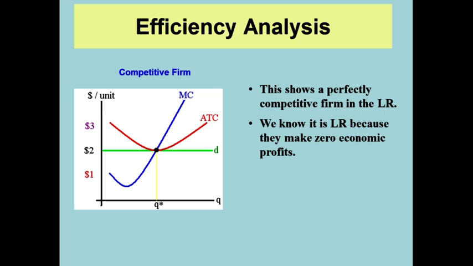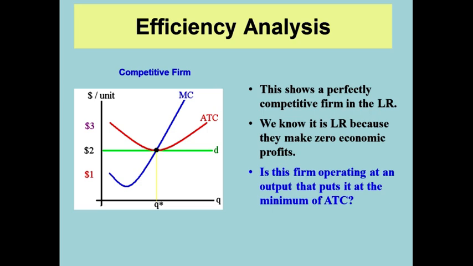Okay, enough review. So we're looking at this graph and we see that we have zero economic profits. Agreed? Yes. So is this firm operating at an output that puts it at the minimum of its average total cost curve? Take a second look at the graph. Are they operating at their minimum average total cost?